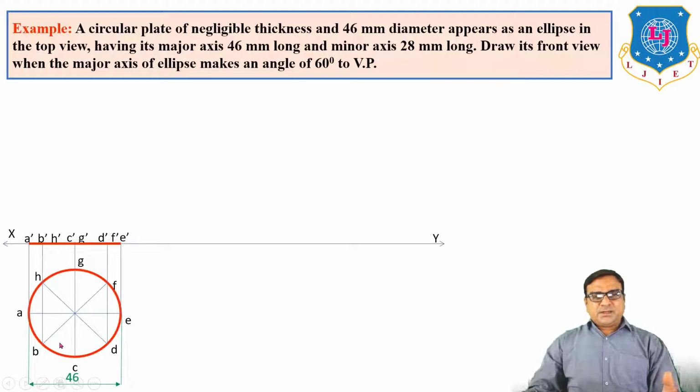So which diameter will be reduced when we incline the surface? Obviously AE, because when we incline the surface with HP, the CG diameter remains parallel to HP, but the AE diameter will be inclined to HP.